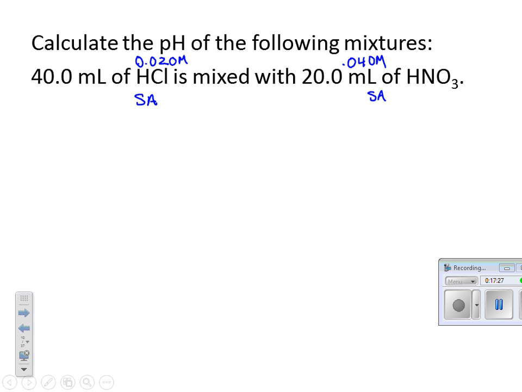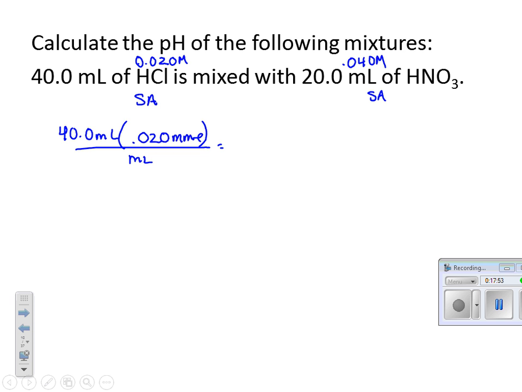So we'll get moles. For the hydrochloric acid, 40 milliliters times 0.020 millimoles per milliliter. That's going to give us moles of hydronium from the hydrochloric acid. And then do the same thing with the nitric acid.